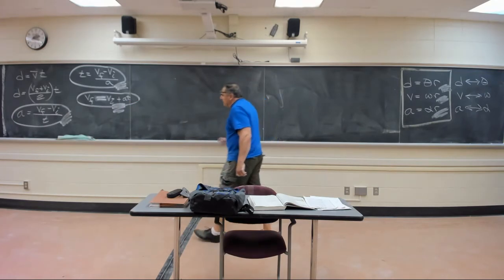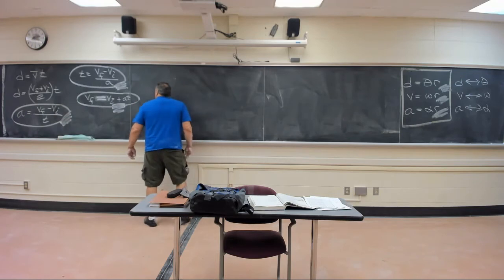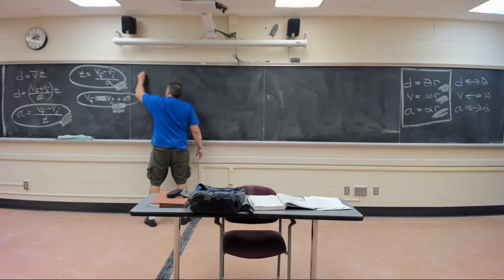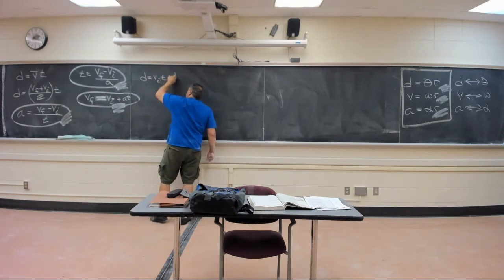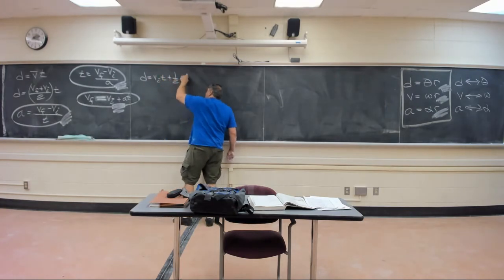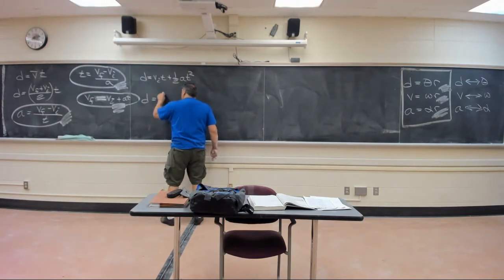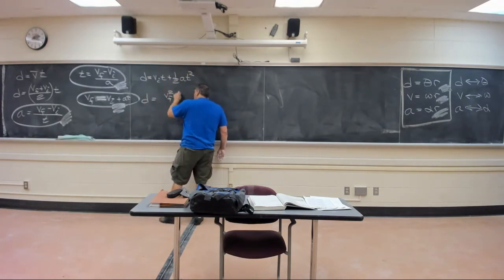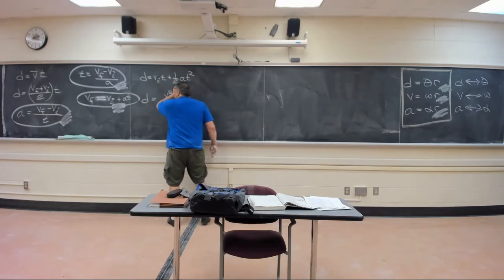We got that. And you saw the derivations. You saw me do a whole bunch of stuff. We concluded VI t plus 1/2 a t squared. We also concluded VF squared minus VI squared over 2A. Okay, we've been there, we've done that.